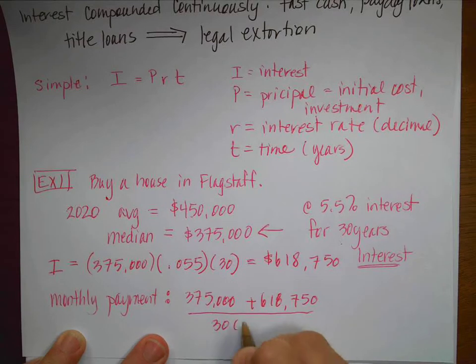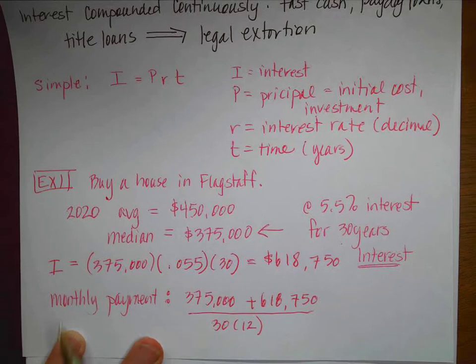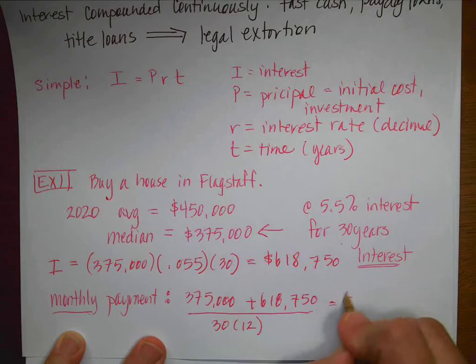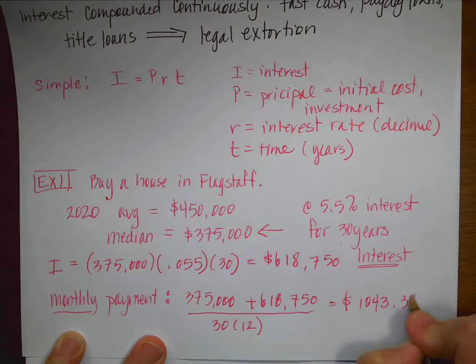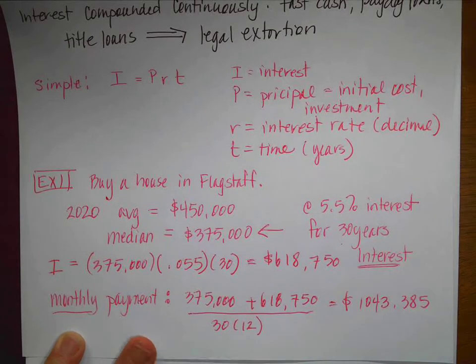I'm going to divide it by 30 years and 12 payments per year, because when you pay off a house, it is a monthly payment. You pay every month. If I do this math, then I am going to be paying $1,043 and that many cents for the 30 years that I owe money on my house.